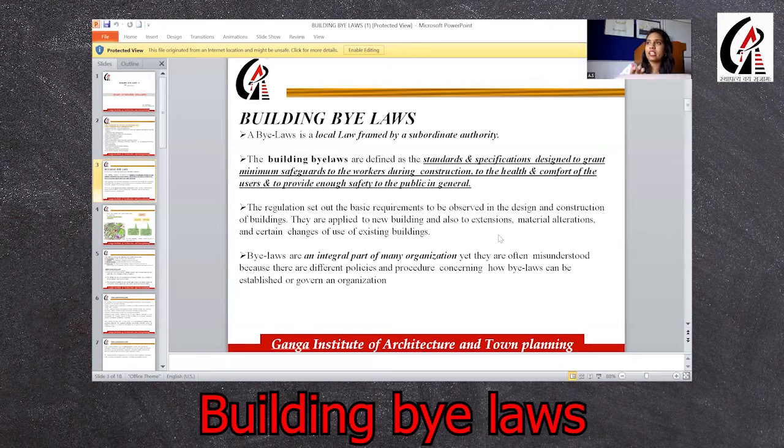We have different laws as per the need of a particular building, and they provide proper utilization of space to achieve maximum efficiency in planning. So again, it is very beneficial in terms of town planning.